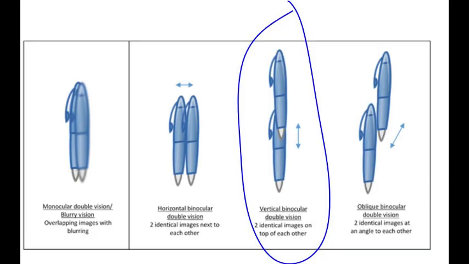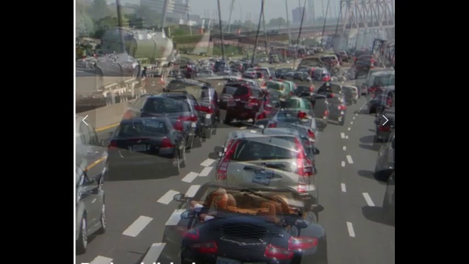Usually, the regular diplopia we are aware of is a horizontal diplopia where people see objects side by side. But in this particular type of diplopia, they see objects up and down. Sometimes they may have another very interesting presentation, which we call torsional diplopia, where objects are tilted.